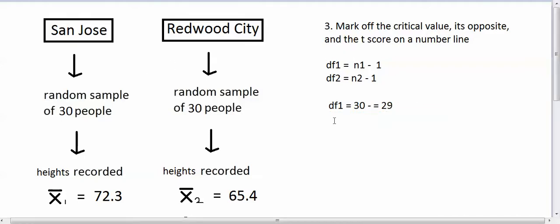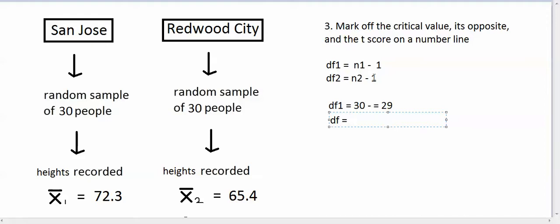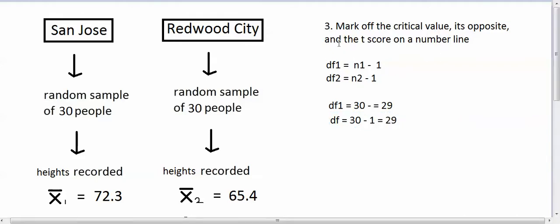To get the second number, what we're going to do is subtract 1 from N2, which is the second sample size. The Redwood City sample has 30 people. So it's 30 minus 1.